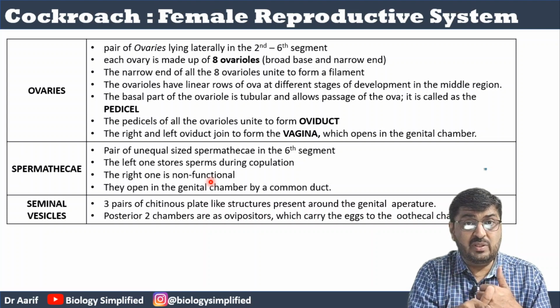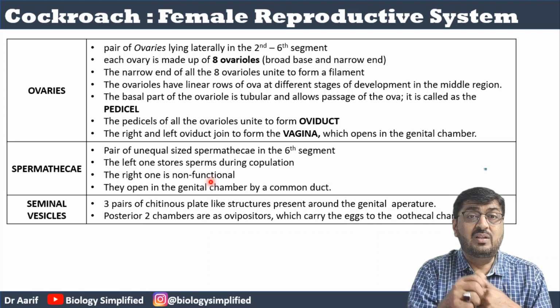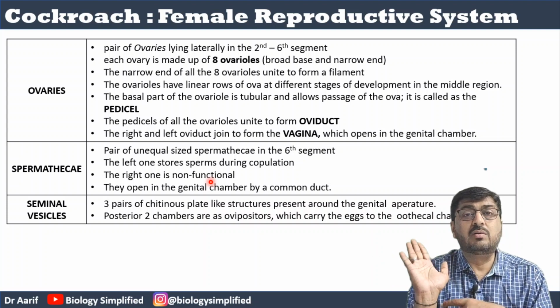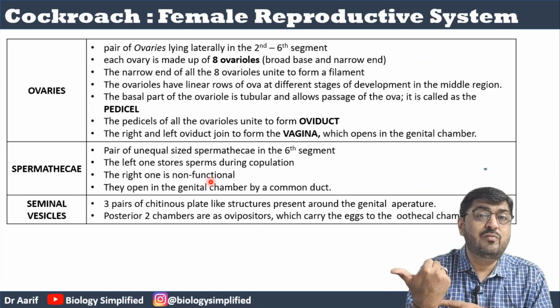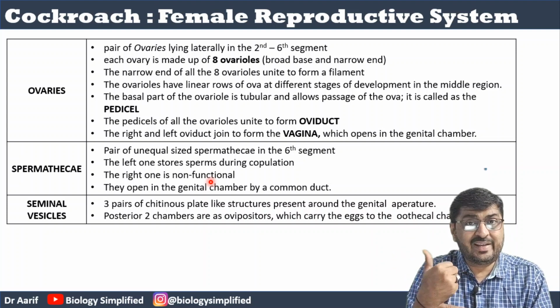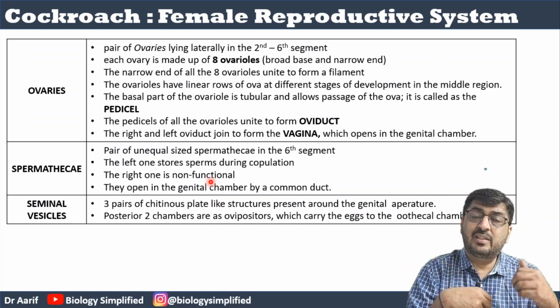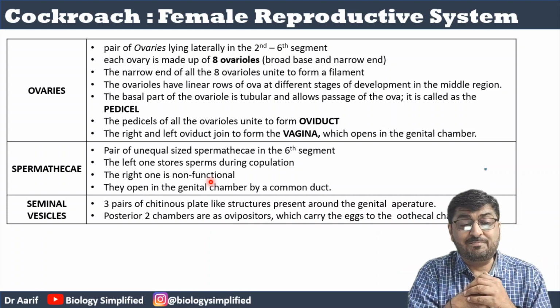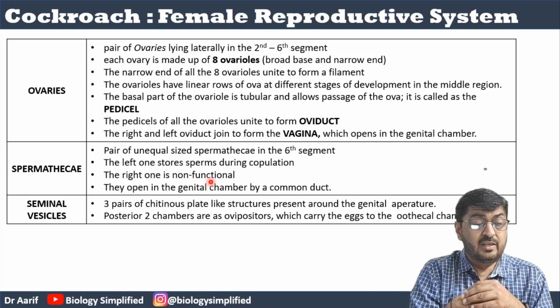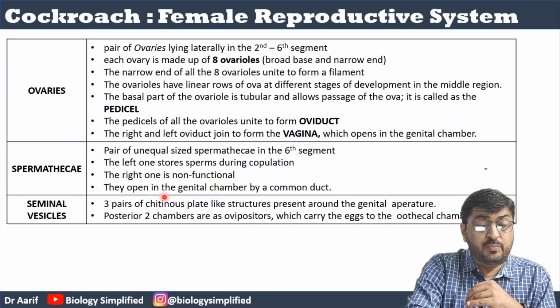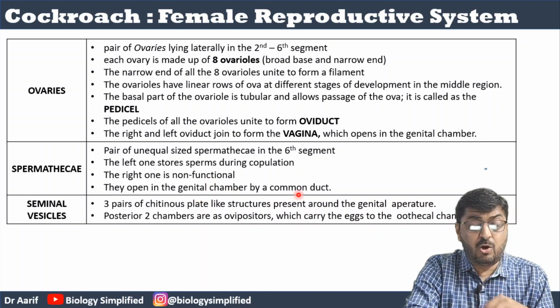If you have to remember this, always remember the right is wrong. That means the right is non-functional. The left is the functional one. Okay? The spermathecae open in the genital chamber by a common duct.